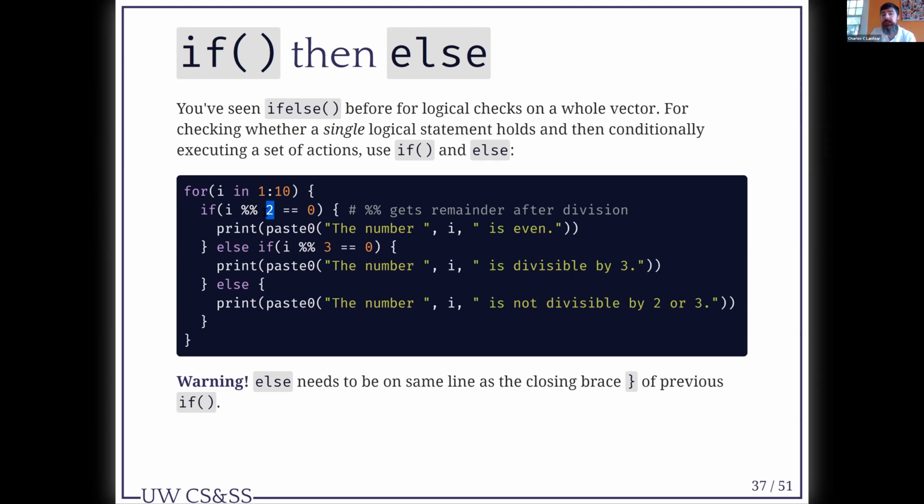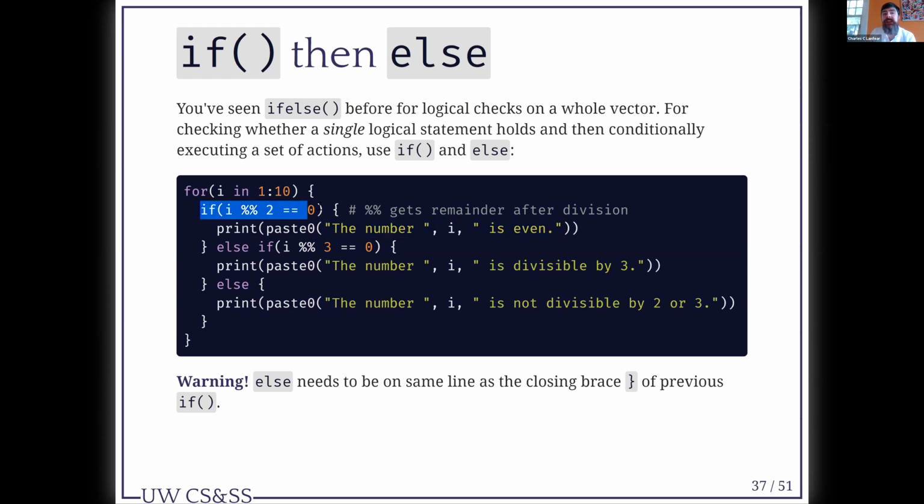Okay? So this is the way of checking if a number is even. If you divide a number by 2 and its remainder is 0, it is an even number. You could also use an is-even function, but I'm old school and I always use modulo. So if i is divisible evenly by 2, print the number i is even.